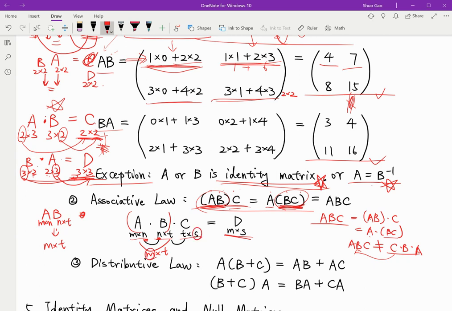But if we combine B and C first, B is n by t, and C is t by s. So the resulting matrix should be n by s, right?